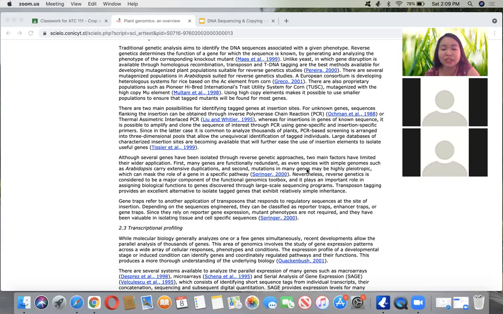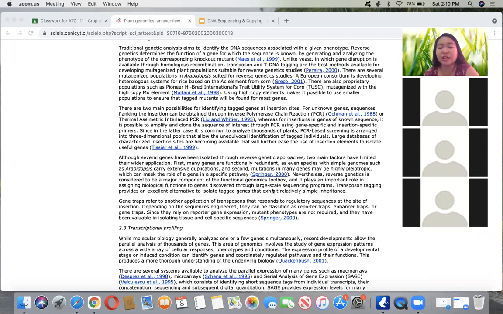Secondly, mutation in many genes may be highly pleiotropic, which masks the role of a gene in a specific way. Reverse genetics is considered the major component of the functional toolbox, whose role is to assign biological function to genes discovered through large-scale sequencing programs. Transposon tagging also provides an excellent alternative for simple inheritance.